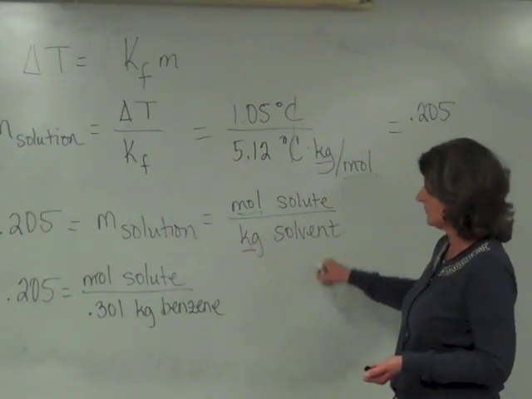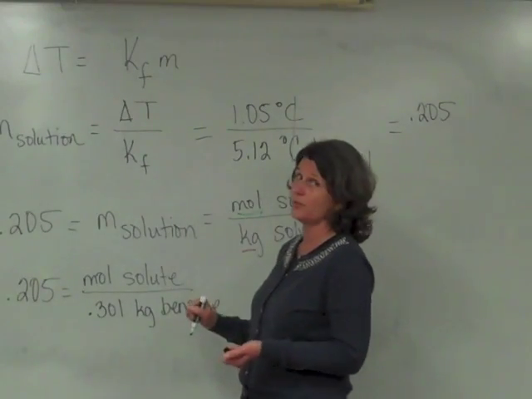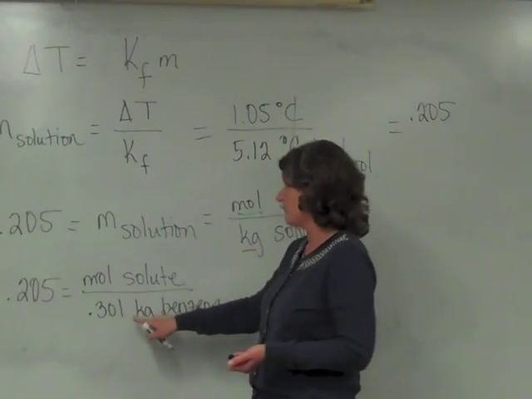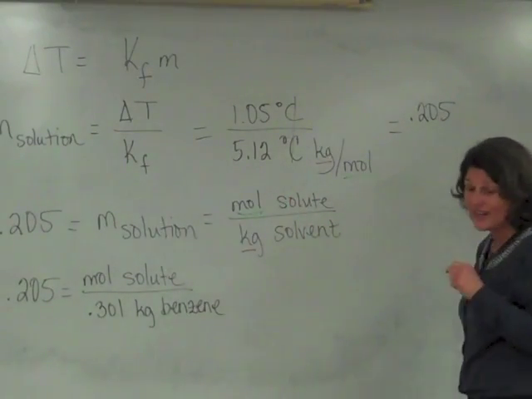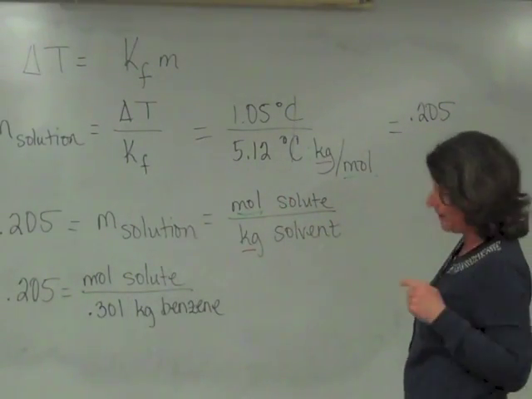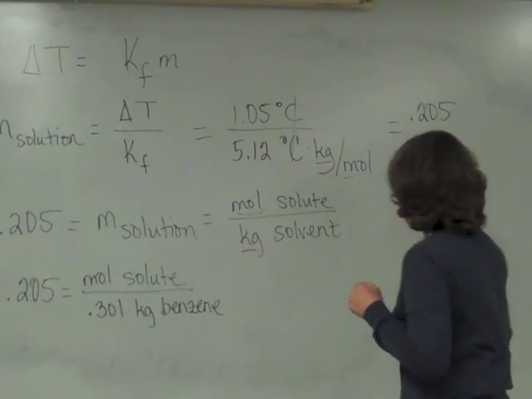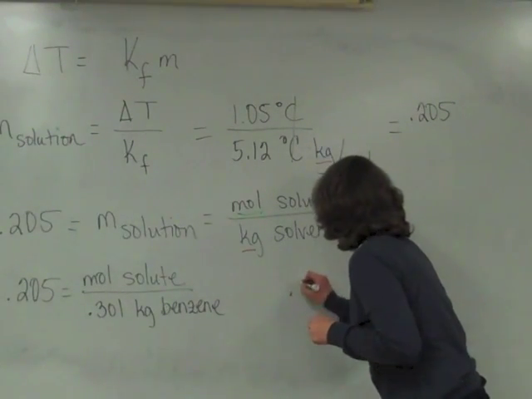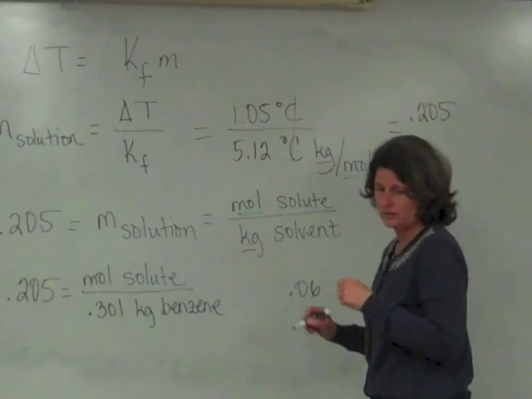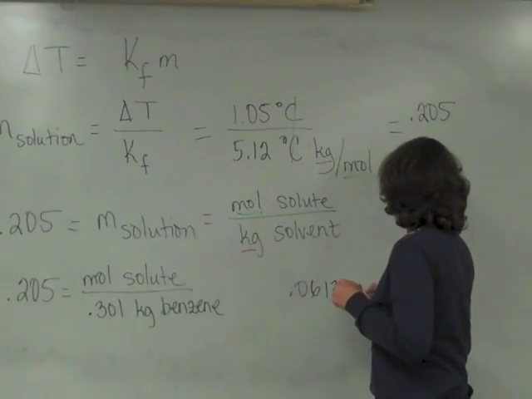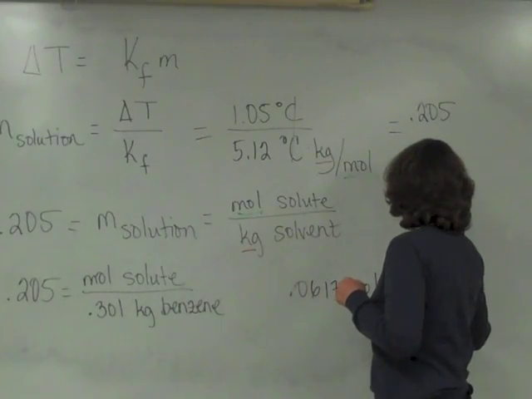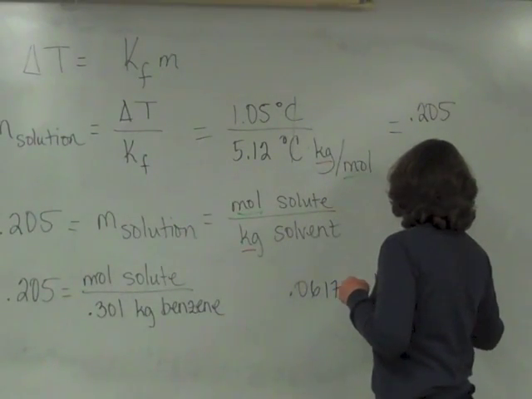So now what we're going to do is solve for moles of solute by multiplying both sides by 0.301. So that's going to leave us with 0.0617 moles of naphthalene.